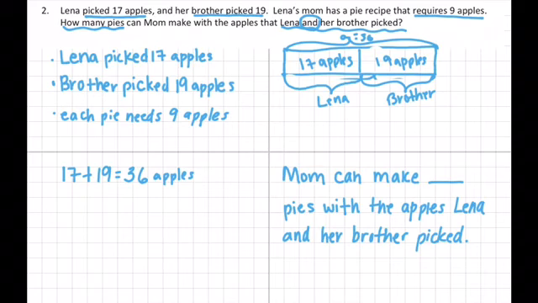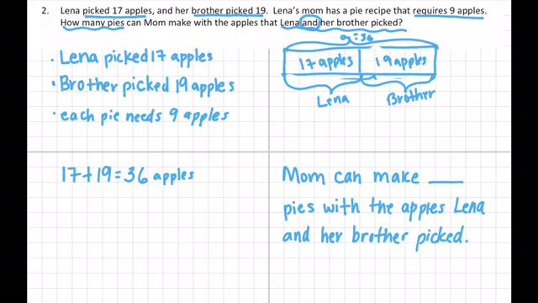So now I have to think, how many pies? What is it asking me now? So if I need 9, am I going to add? Am I going to subtract? Am I going to multiply? Or am I going to divide? So what I know is that she needs 9 apples. So what I would think about here is I would probably think I'm going to divide.